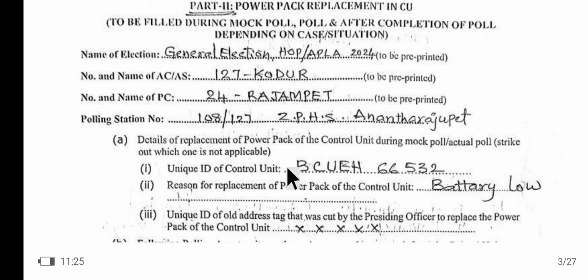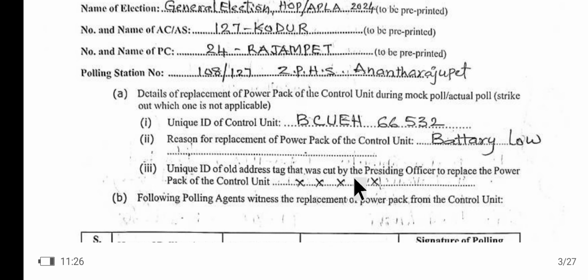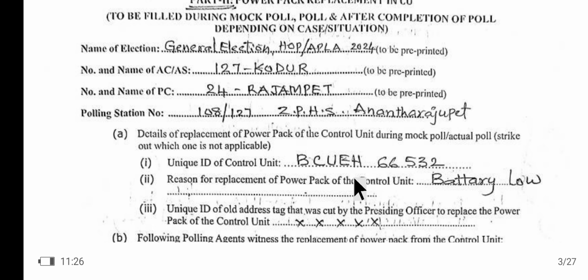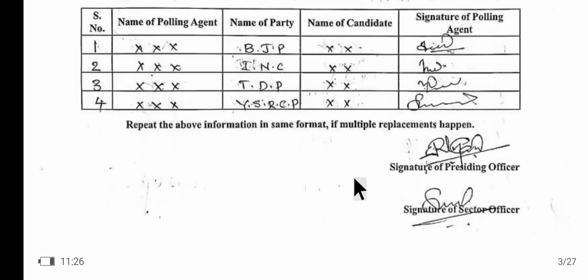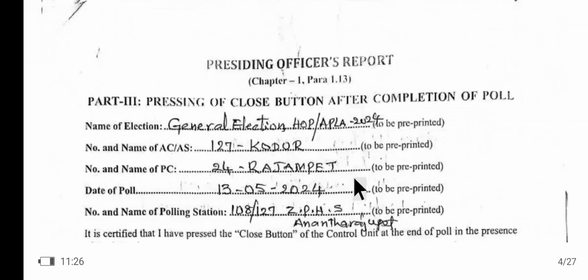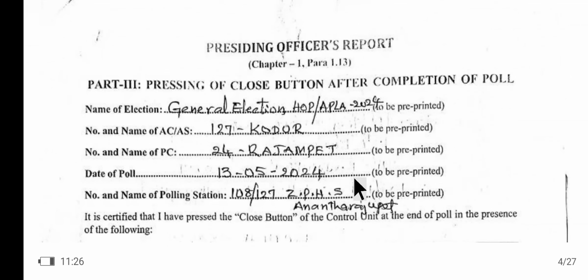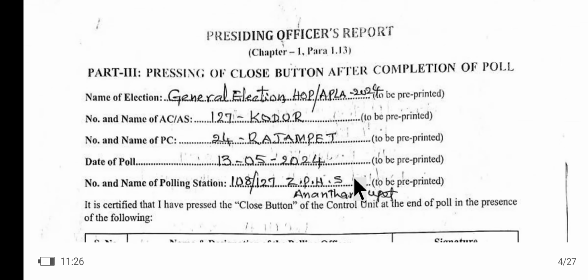So we have to write the EVM or control unit number, unique ID, which is written or printed on the machine itself. So reason and other related information we have to fill in if we have gone for the replacement of the power pack. Then followed by part 3, pressing of close button after completion of the poll.